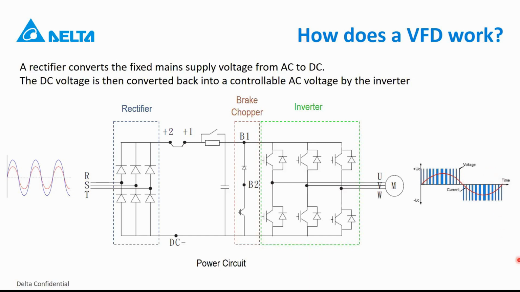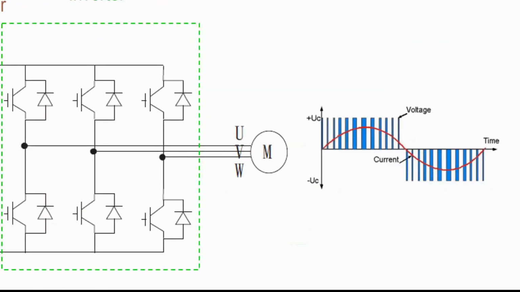Another frequency that we refer to is the carrier frequency. This is the frequency which helps build the fundamental frequency. It is normally somewhere between 2 kilohertz and 15 kilohertz, as you can also see here.